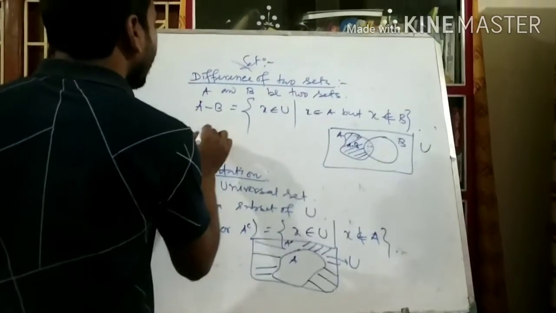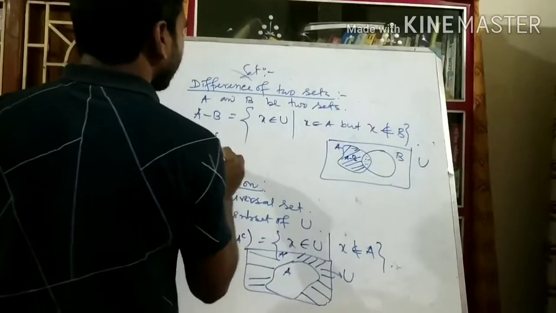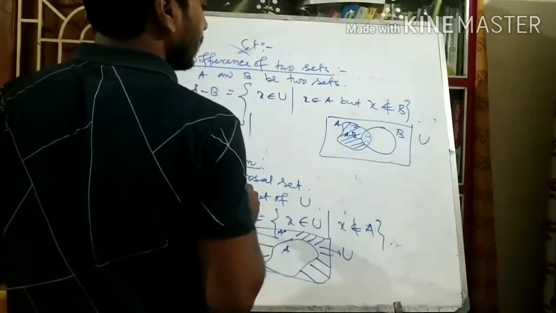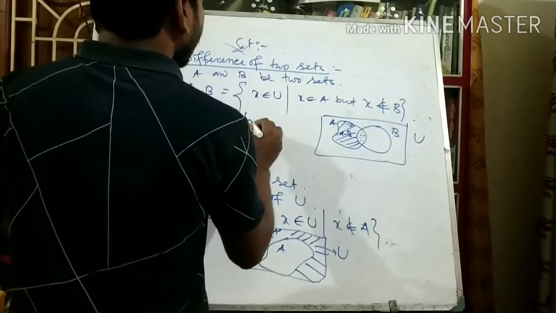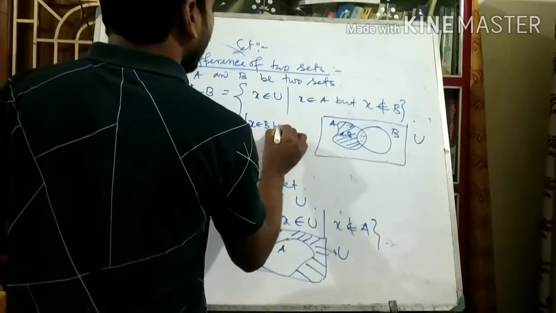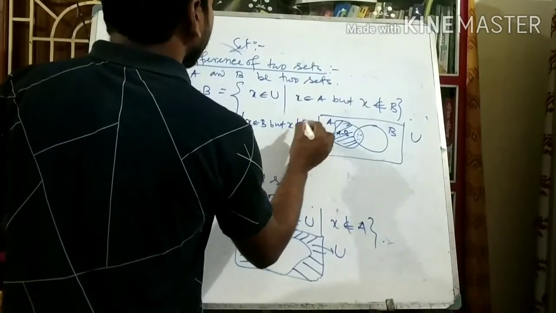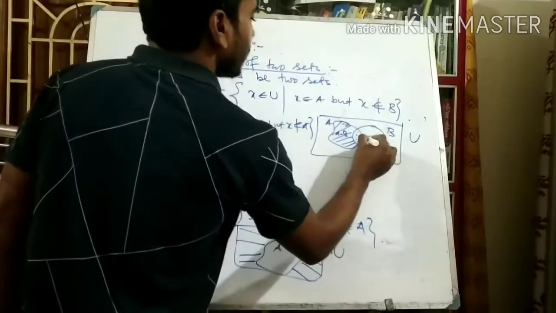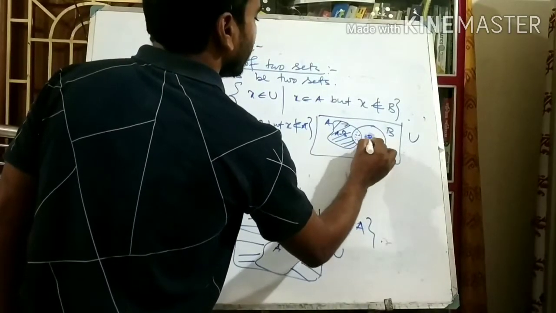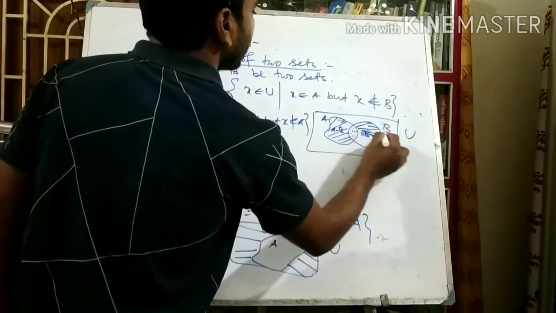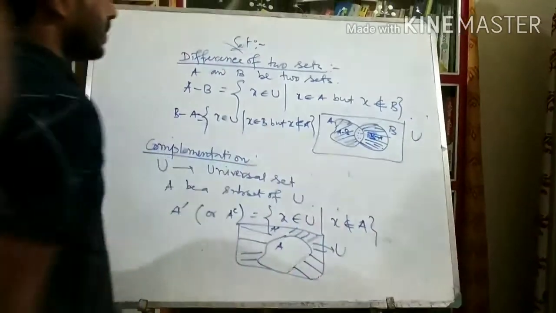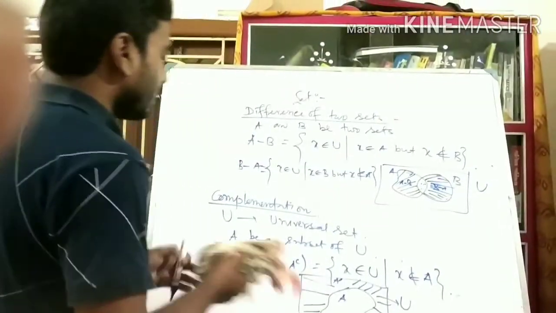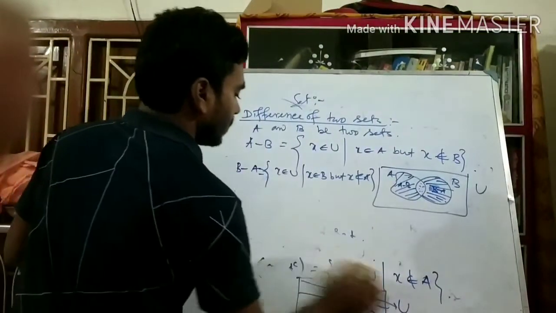Similarly, B minus A will be X belongs to U such that X belongs to B, but X does not belong to A. This portion is my B minus A. Okay. Now from this picture we can observe some simple results.